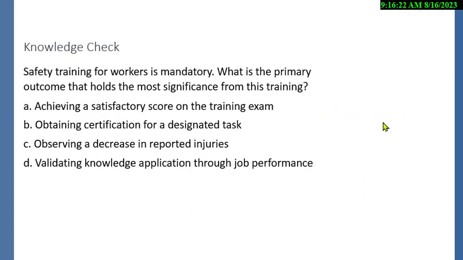Safety training is mandatory in almost any country, and the outcome that has the most significance when you do training is what? This is a tougher question. Achieving a satisfactory score on a training exam, obtaining certification for a designated task, observing a decrease in the reported injuries, or validating knowledge applications through job performance. This is a tough question.